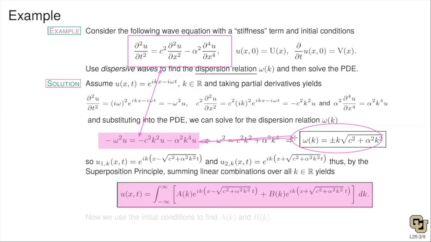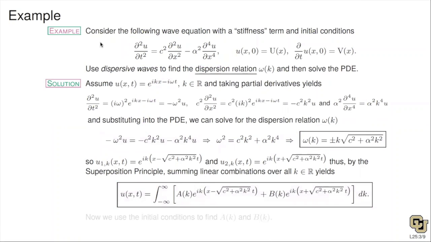That's why we say omega has all of the PDE information encoded in it, because omega is directly found from using the linear dispersive wave assumption and the PDE. That's all. So now we have to find the coefficients. And so we still haven't used these initial conditions.